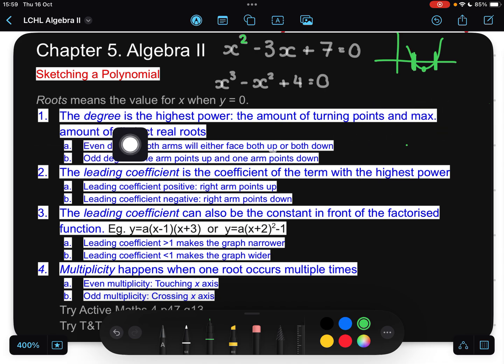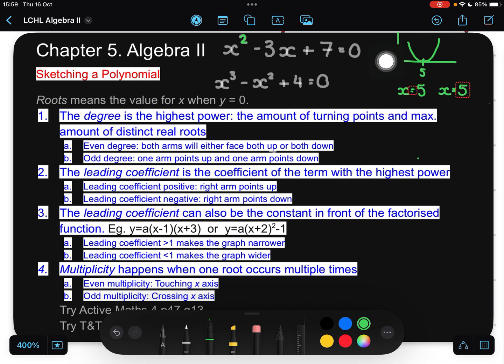If it didn't have 2 different roots, another option could be that it has 2 equal roots. So let's say that was 5. Then the roots are 2 equal roots, x equals 5 and x equals 5. So remember, if it crosses the x-axis at its turning point, then that root is counted twice.